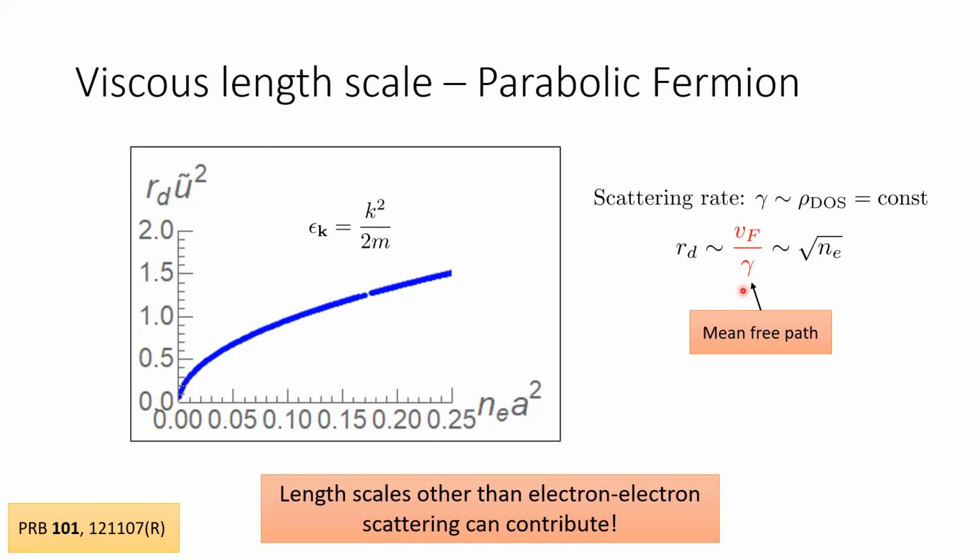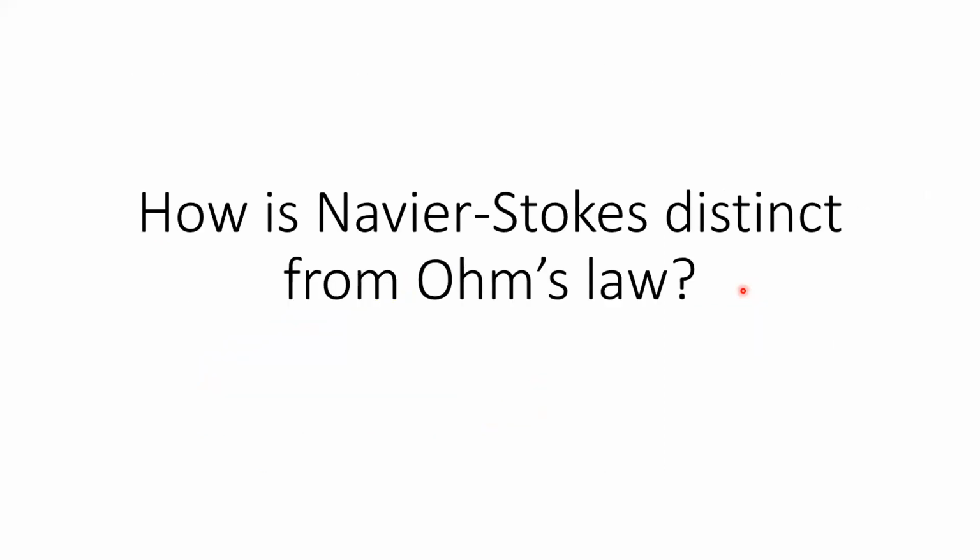So what we decided to do instead is to take a step back and ask a high-level question of how exactly is Navier-Stokes different from this Ohm's law description, where you're looking at the sigma 2 coefficient and how viscosity or other things may be contributing.